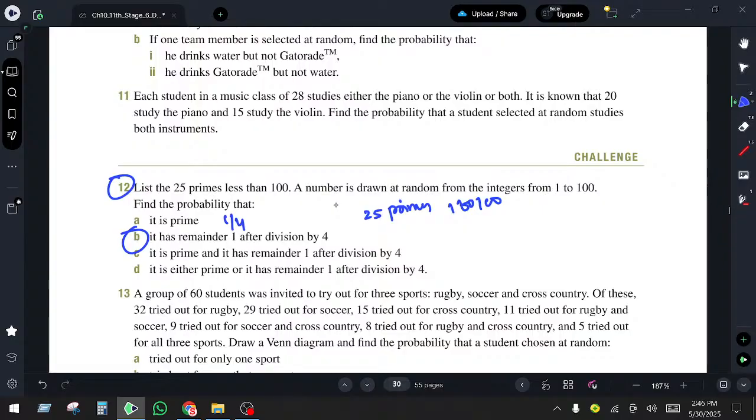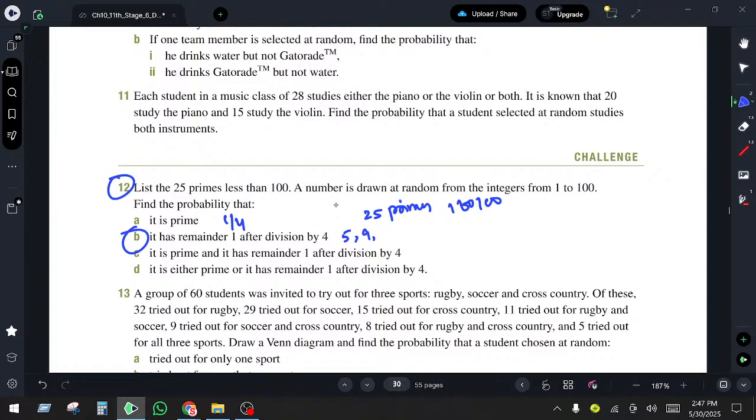If it's divided by 4, we'd still have 1 left. I want the numbers suitable to that condition. 5. Next. When you divide by 4, you should get a remainder 1.